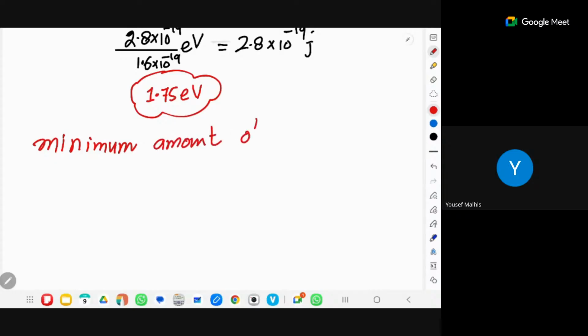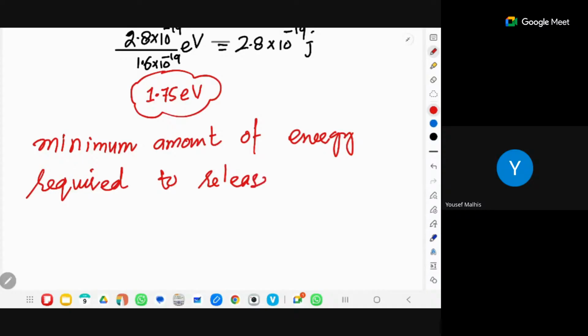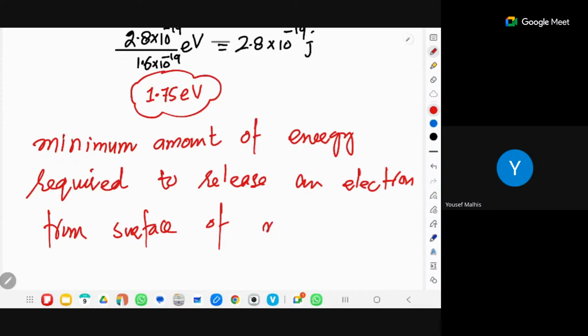Minimum amount of energy required to release an electron from the surface of metal. Is it clear to everyone?